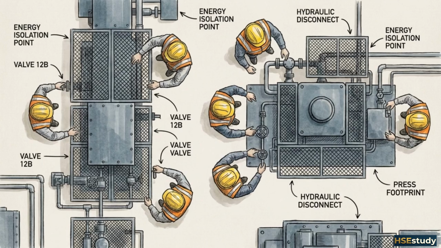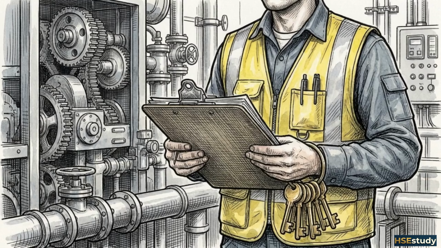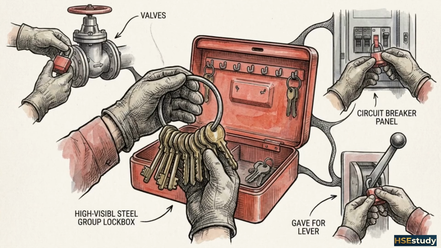Managing a team of 5 workers across 15 isolation points can quickly lead to errors if the process isn't centralized. To maintain control, designate a primary authorized employee, or PAE, to take ownership of system isolation. The PAE applies primary locks to all identified energy isolating devices, then places all of those keys into a single group lockbox.